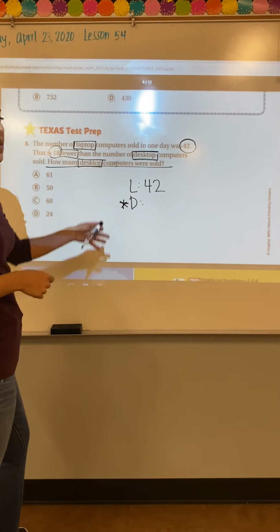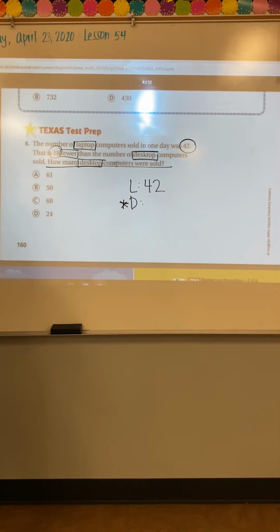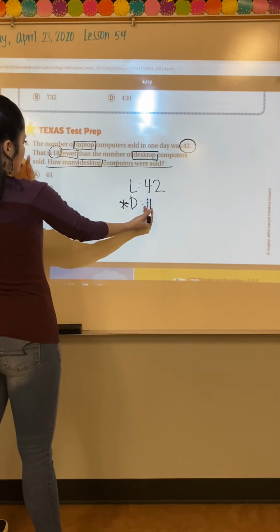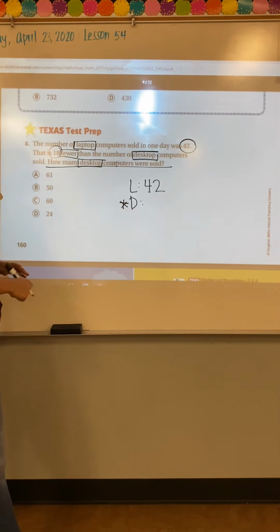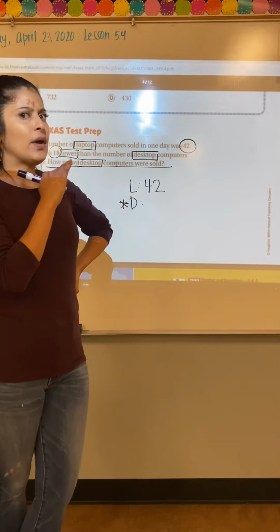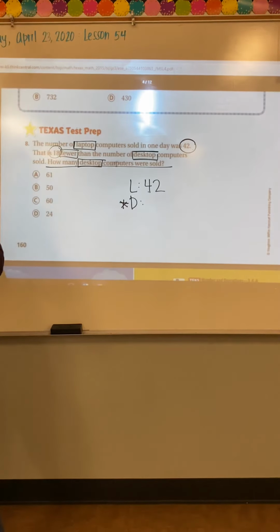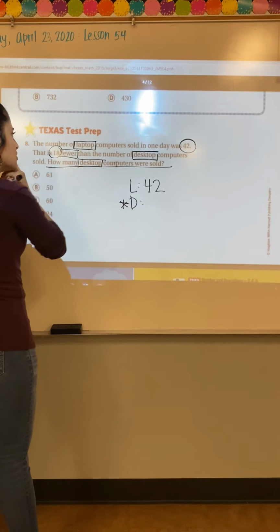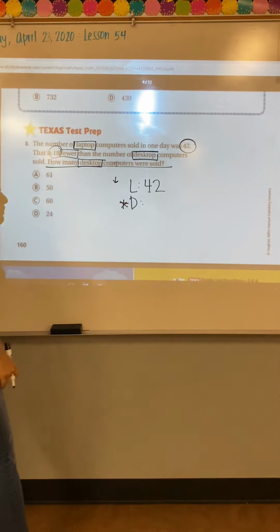So what do we know about desktops? What did they give us? Well, we know that 42, this number, is 18 fewer than the number of desktops. So let's ask ourselves, who has the bigger number? Who has the bigger amount? Well, if 42 is 18 fewer than desktops, that means my laptop is my smaller number.